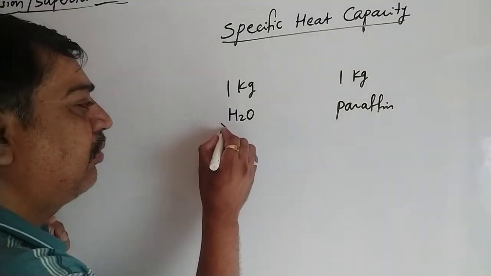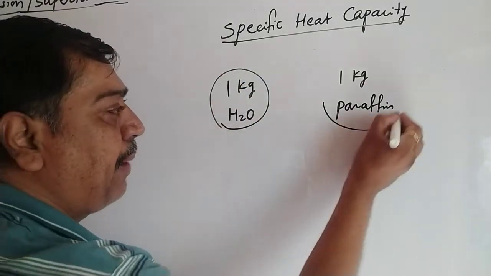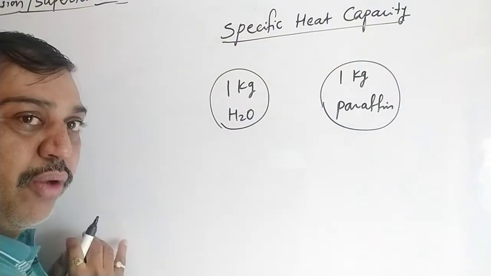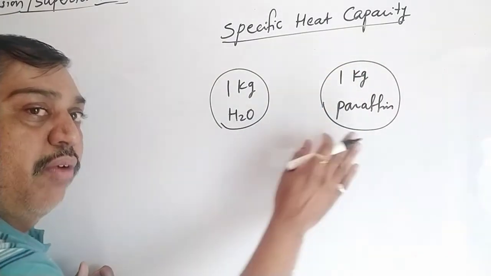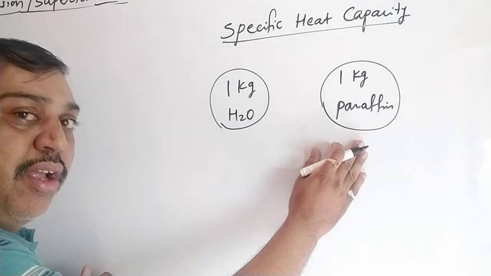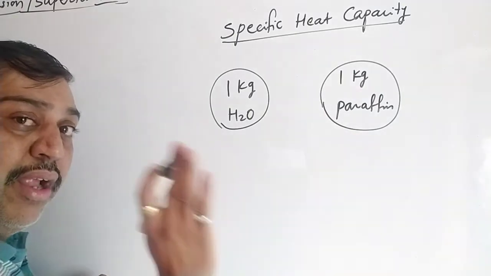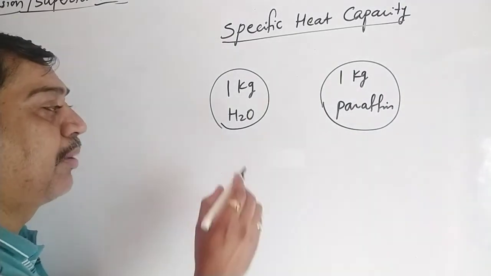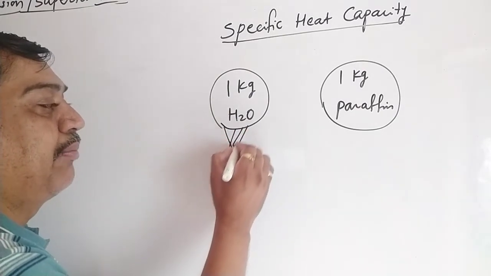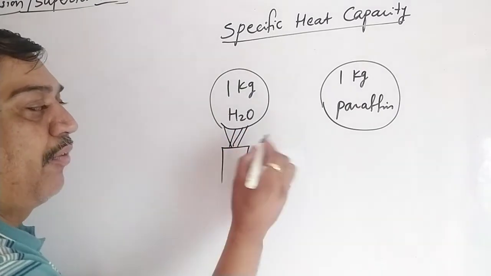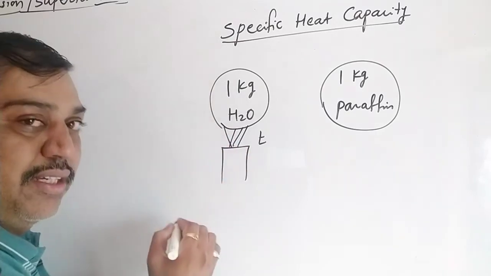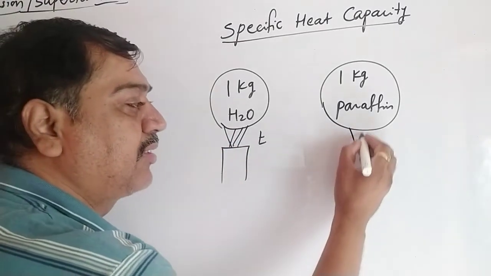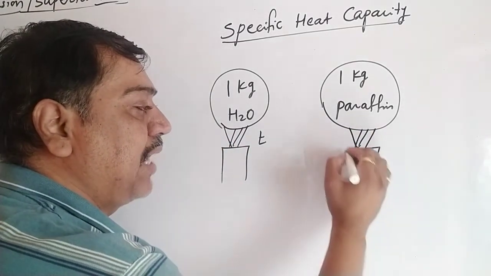We are going to heat this water and paraffin at the same time. We are going to heat this 1 kg of water and 1 kg of paraffin for the same amount of time, and the same amount of heat is supplied. Suppose I have supplied heat to this for time t. The same amount of heat is supplied to paraffin for the same amount of time.